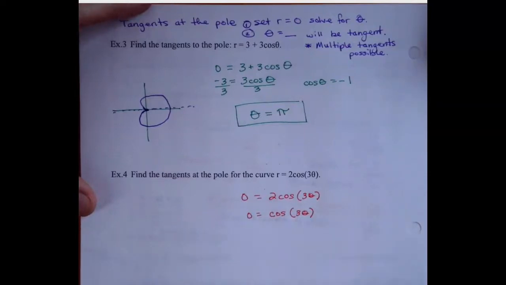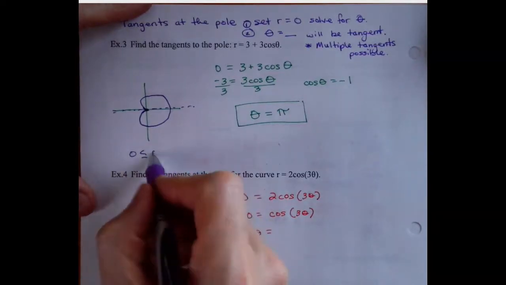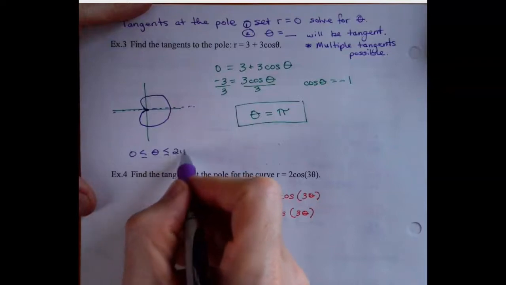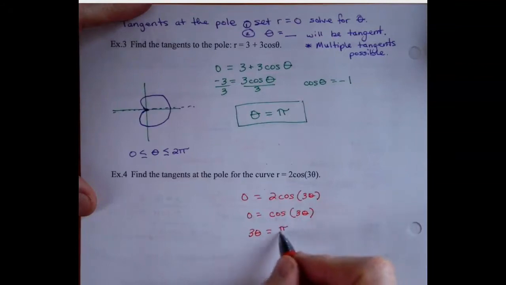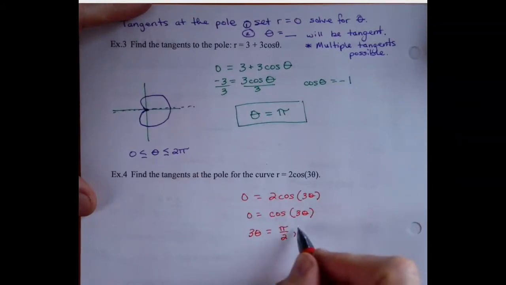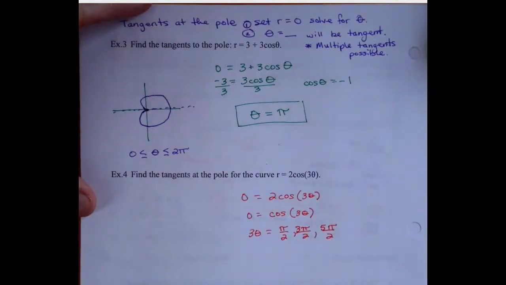So we need 3 theta to equal, for theta between 0 and 2 pi, cosine of 0 at pi over 2, and 3 pi over 2, and 5 pi over 2.